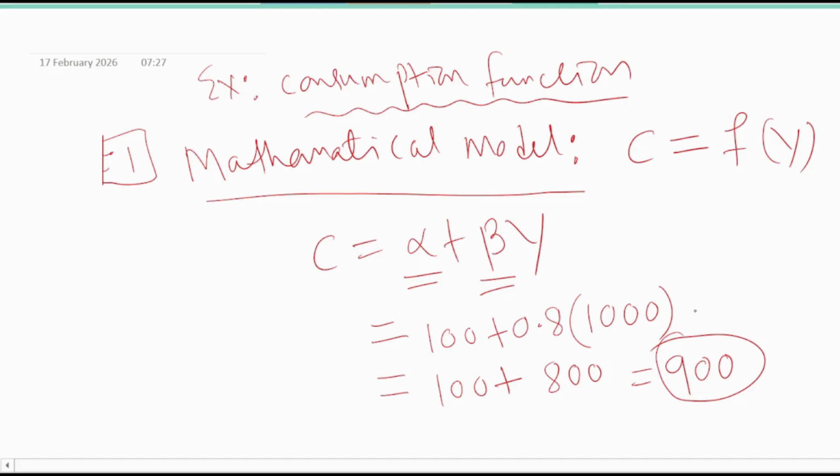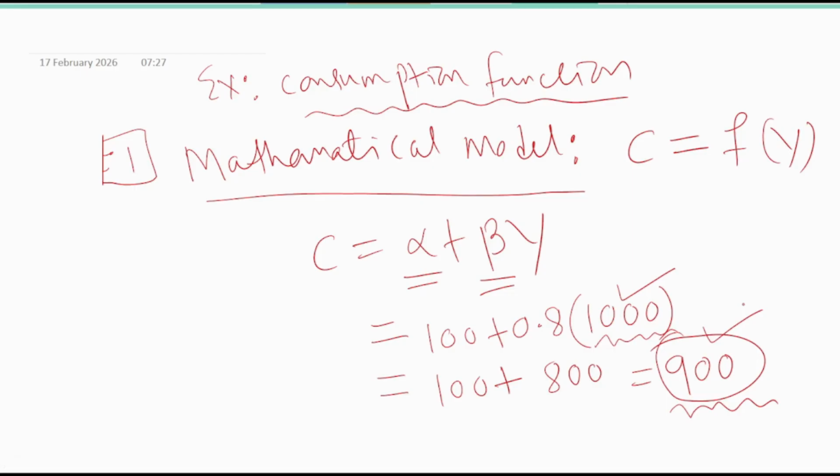That means if the person's income will be equal to 1000, he will consume 900 out of that. So this will be called as the mathematical model, because if the income will be 1000, the consumption will be only 900. That cannot be any different value from the 900.